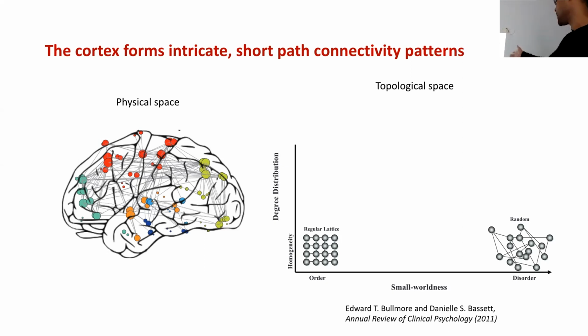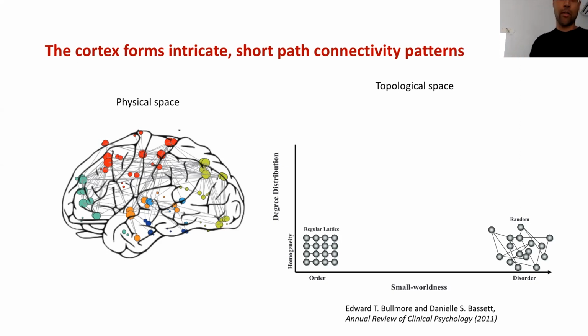In a topological space, a typical regular and very ordered graph, like a regular lattice on the left side, the path is pretty long to reach from one node to another, compared to a fully connected graph or a randomly connected network. On the other extreme, the randomly connected network has the same number of nodes, same number of edges, but completely random connections.